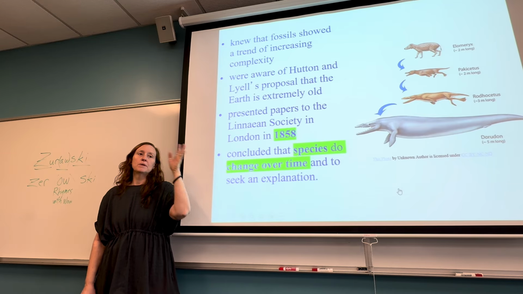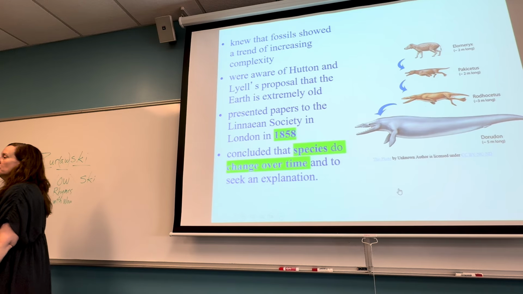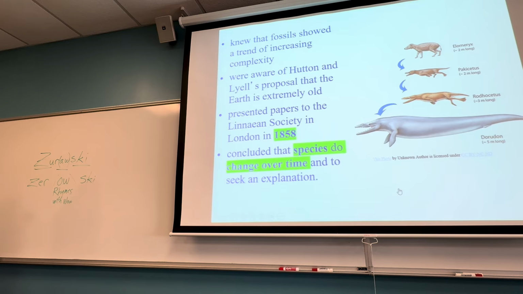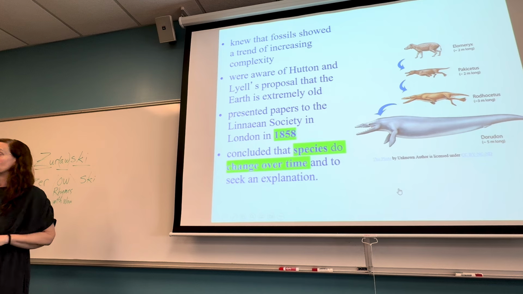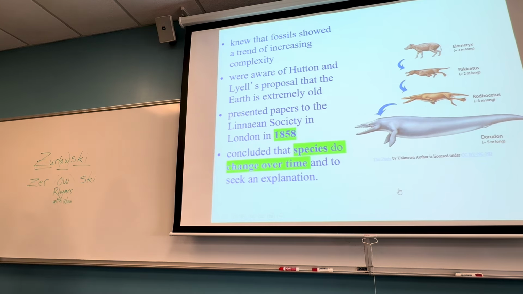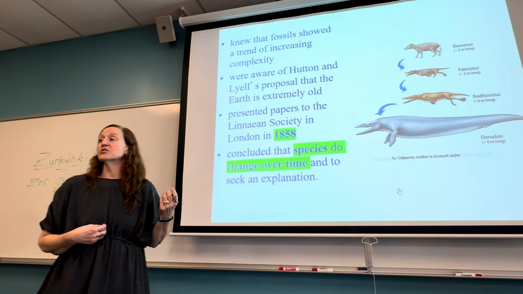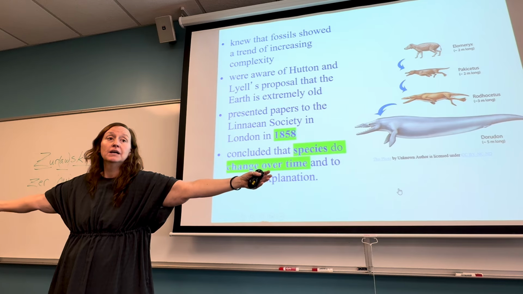And finally, because so many people globally were talking about these ideas, and so many people had fossils, observations, published papers, in the mid-1850s people were ready to agree the Earth was a lot older than they originally thought, that adaptation is an actual thing, and that species, while they don't change quickly, over long periods of time, when the environment changes, the traits, the adaptations that are favored change, and the characteristics in a species change over time, making that species change.